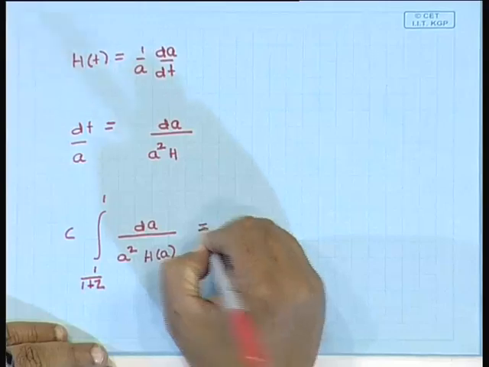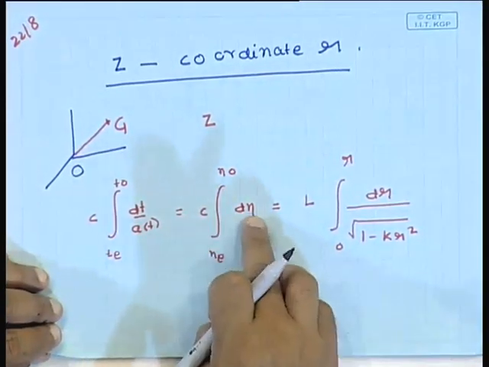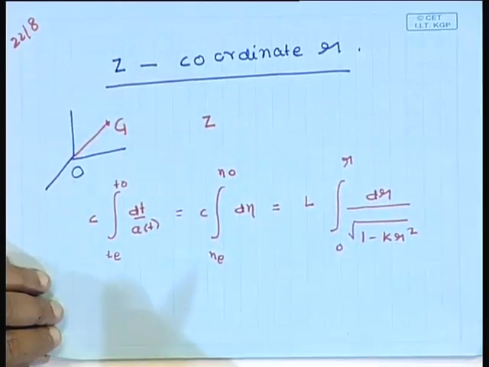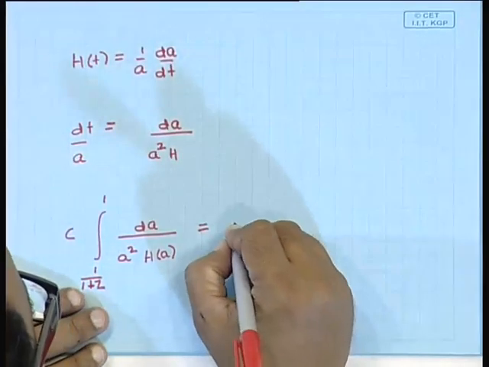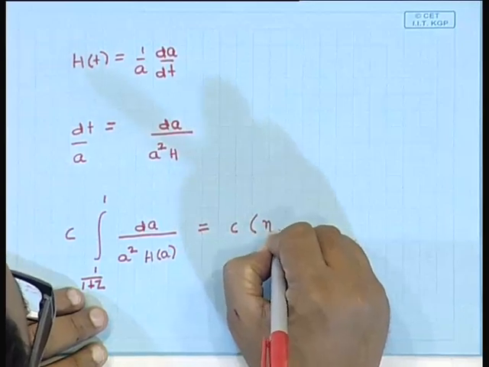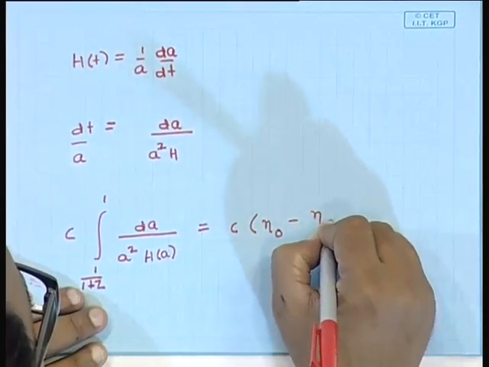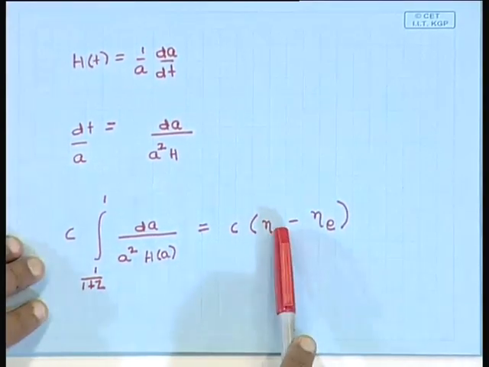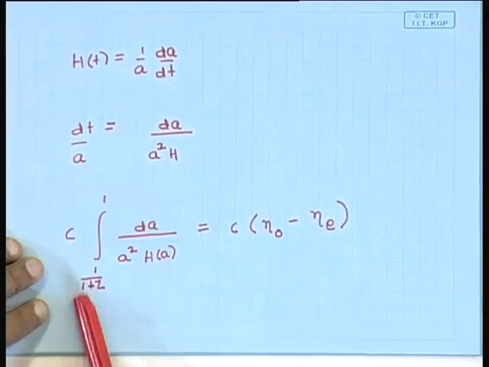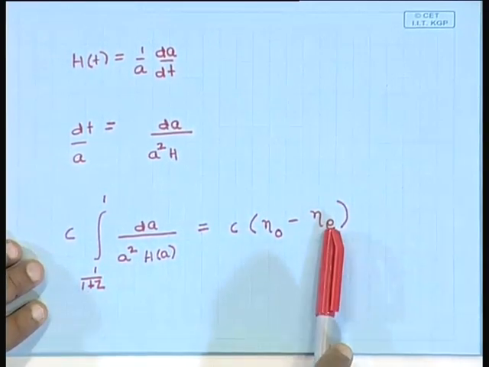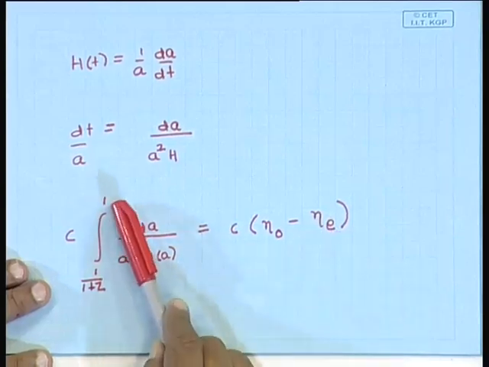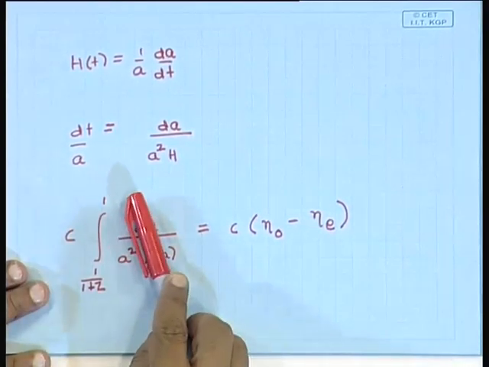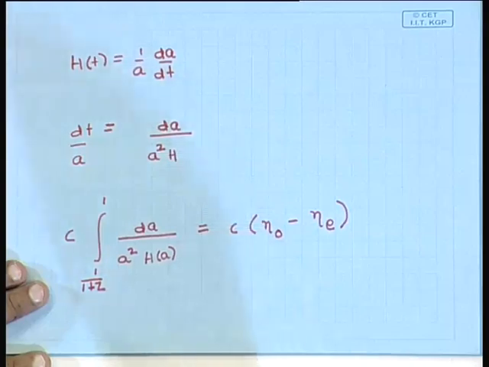This is equal to the conformal time that has elapsed, that is c times eta observed minus eta emitted. So, if we know the present value of the conformal time, we can use this to determine the value of the conformal time when the light was emitted. Okay, this is straightforward.